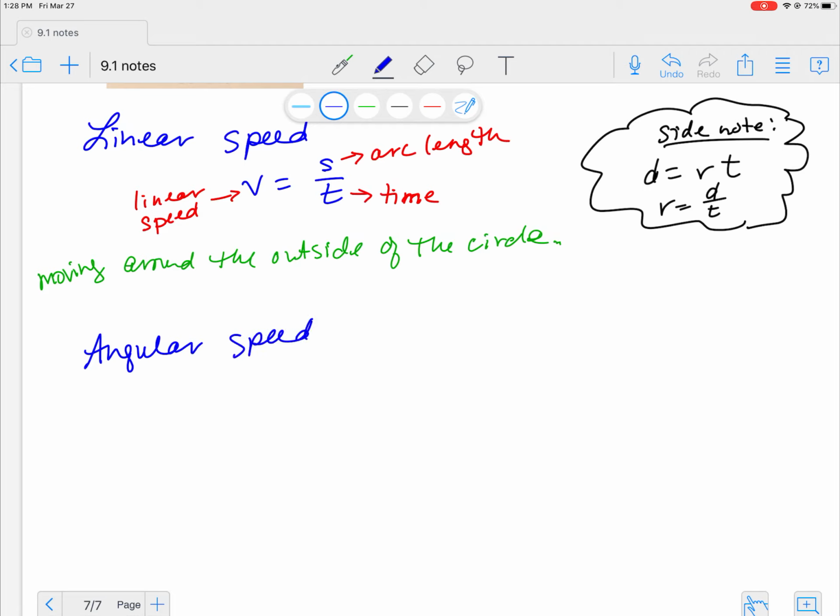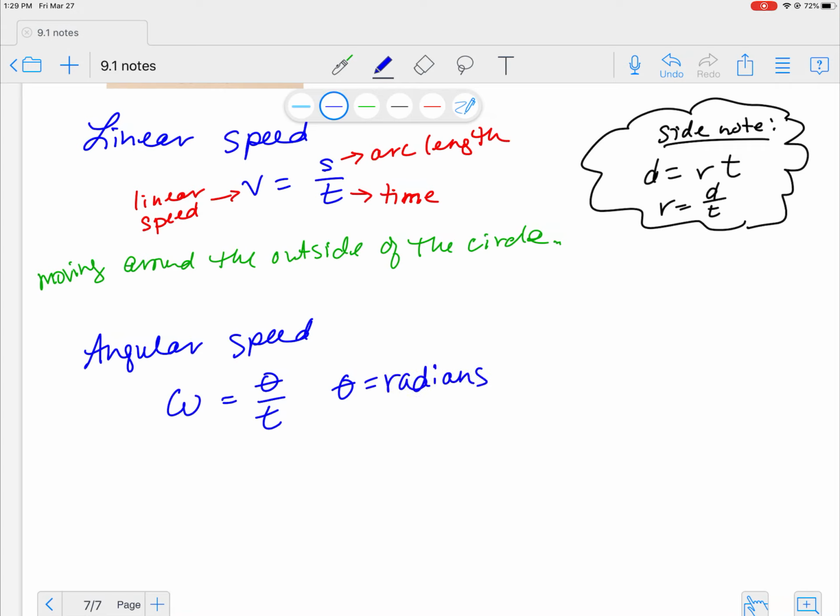And if I have angular speed, then I'm talking about how fast my angle is moving here. And we're going to use omega. I'll keep it in blue. Omega, which kind of looks like a curly W. That's that Greek letter omega.